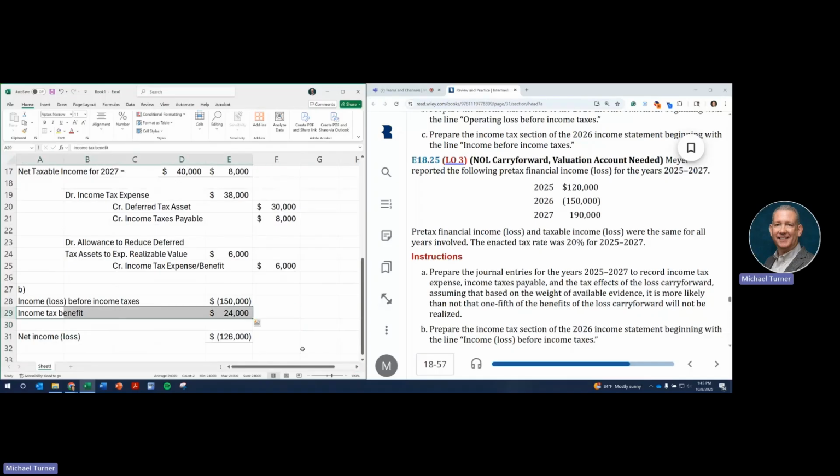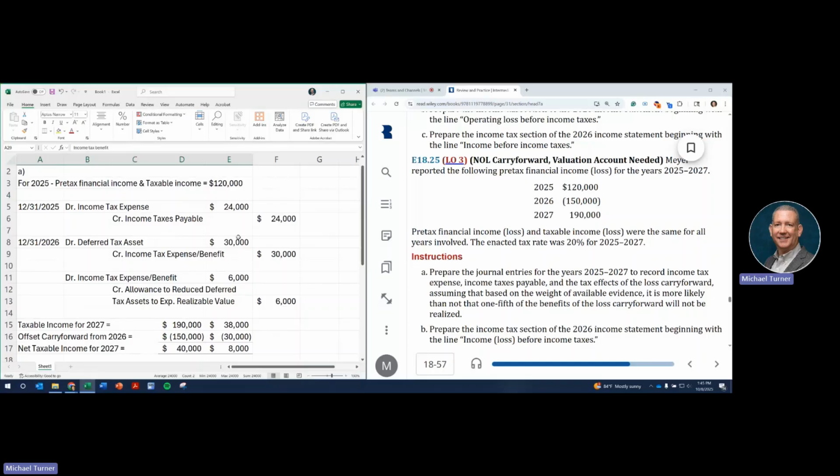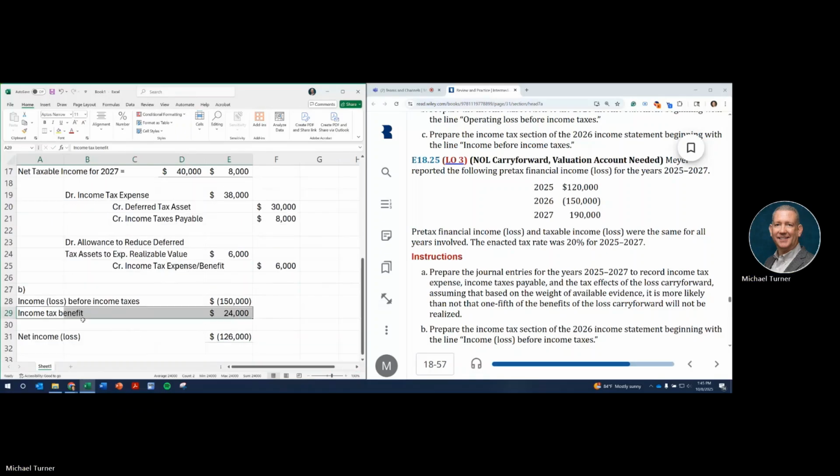The income tax benefit is a function of the carry forward deferred tax asset, which is $30,000 between line 8 and 9, offset by the allowance we reserved, which was $6,000 on line 11, left us with an income tax benefit of $24,000 and a net loss position for 2026 of $126,000.